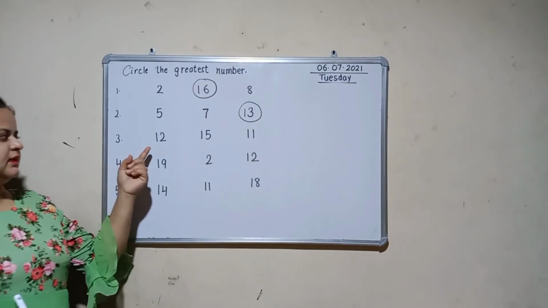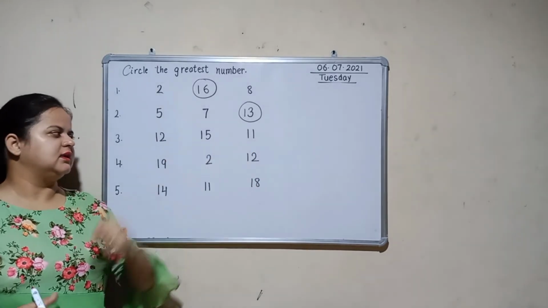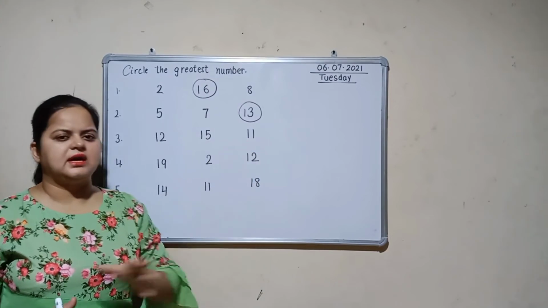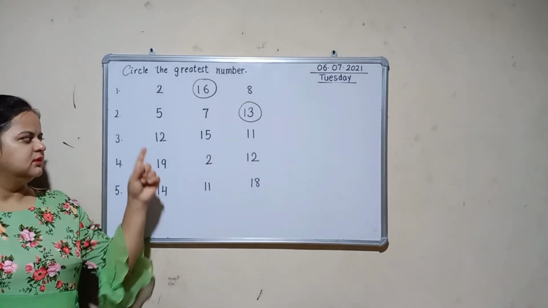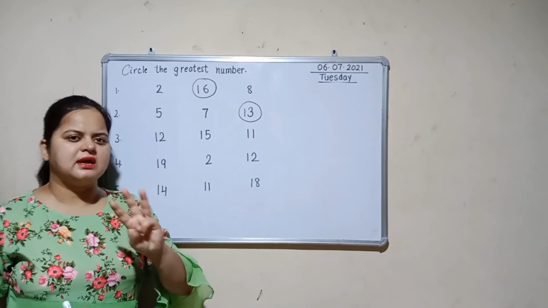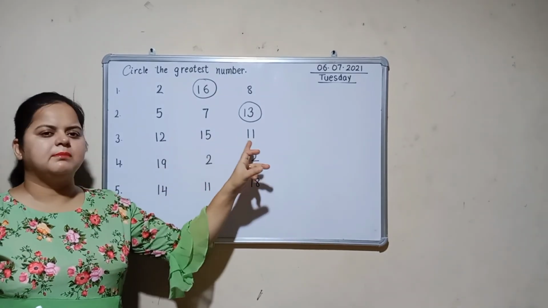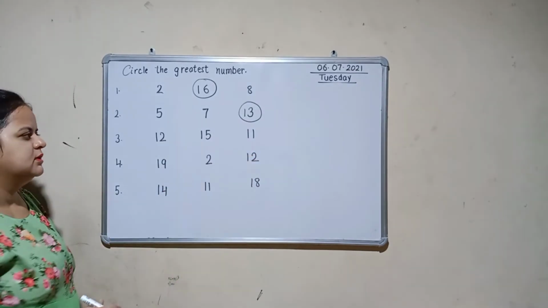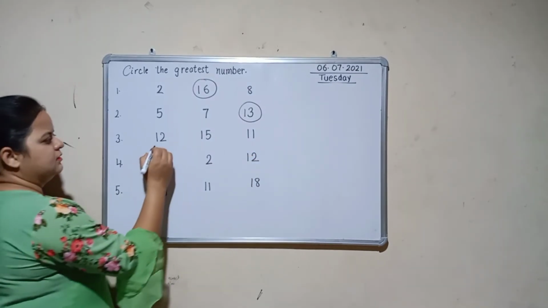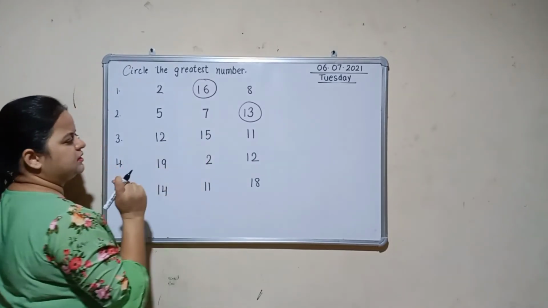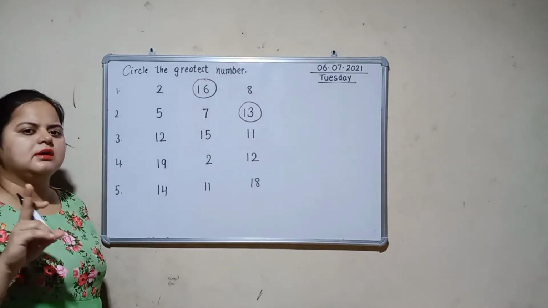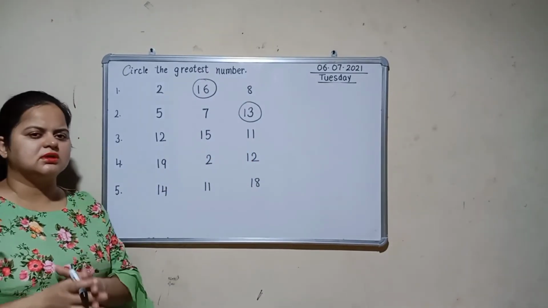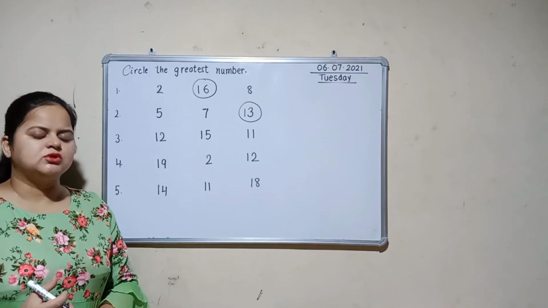Very good. The next is 12, 15 and 11. Here we have three numbers and all three are two-digit numbers. Here we don't have a one-digit number. So how will we compare? We will speak the counting from number 11. Look, 12, 15 and 11. All numbers come in the line 11 to 20.